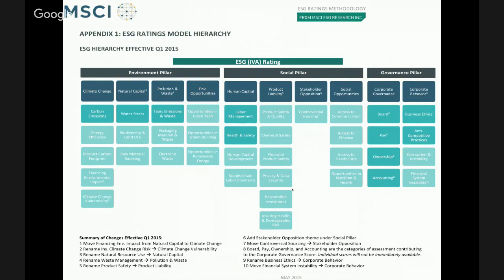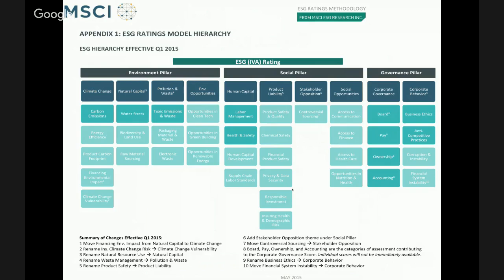Okay. All right. And actually, this is important. At the bottom here, you'll see there's a summary of changes in effect. Last May, MSCI published their 2015 ratings methodology. I would imagine they will publish their 2016 ratings methodology in May. There were changes here at the bottom for the first quarter of 2015.